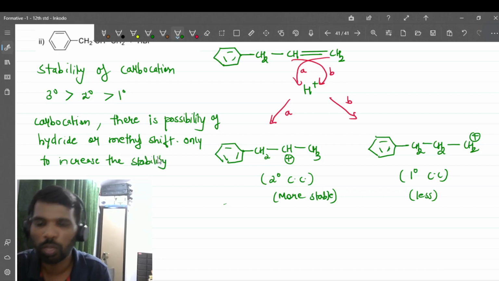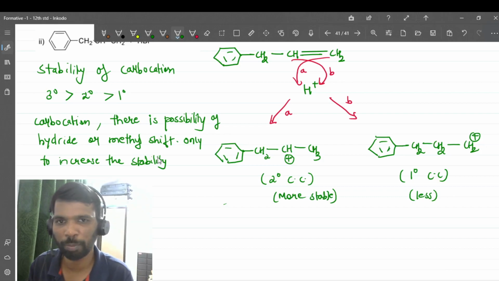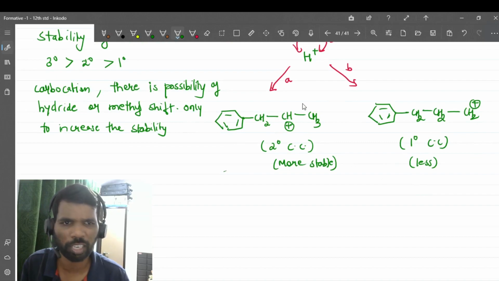This will take place only if a secondary carbocation is changing to a more stable one. It may be a secondary, or it is coming into resonance. If it is a primary, then it should change to secondary. Then only it is going to take place. So here, this is less stable, so the reaction will not proceed in this direction. It will proceed, but a very small amount of the product will be formed.